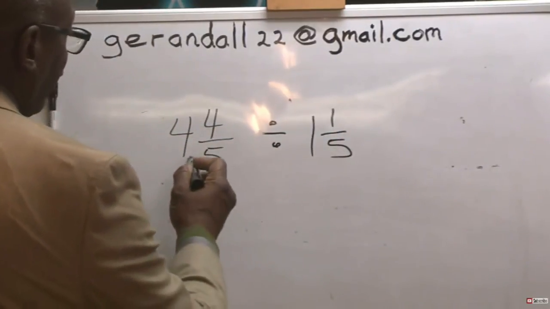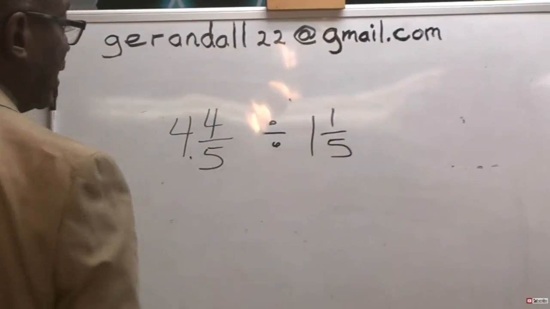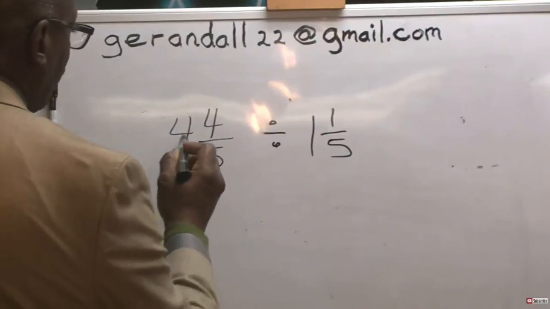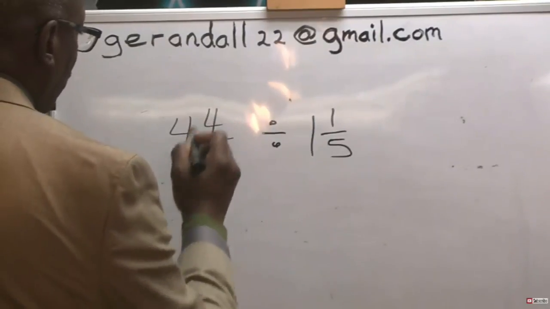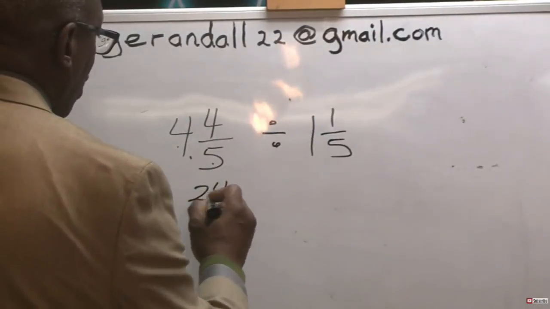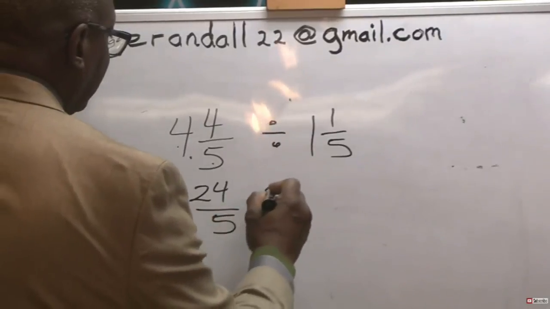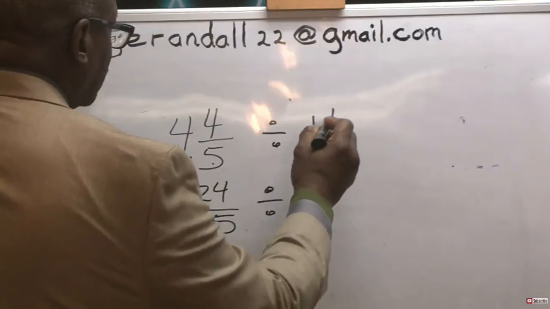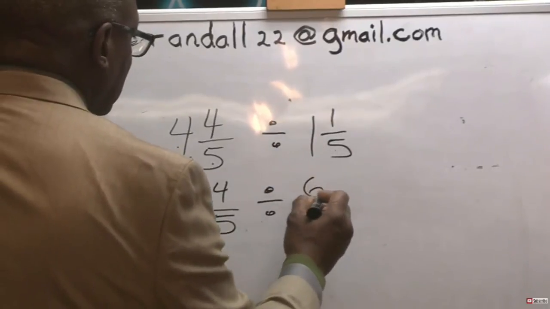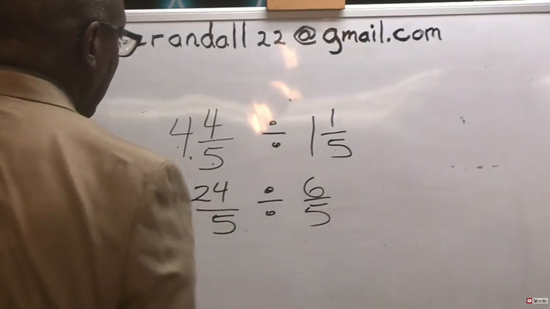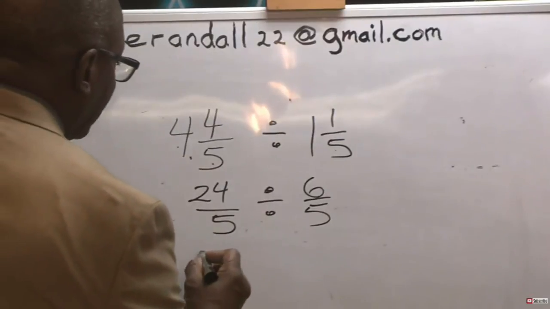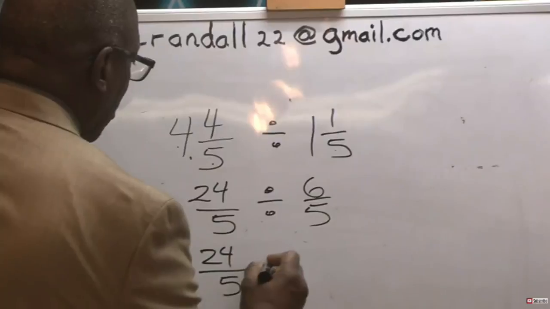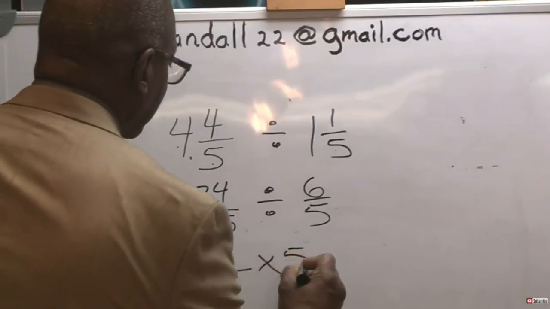We're going to convert our mixed numbers into improper fractions. 5 times 4 is 20 plus 4 is 24 over 5, divided by 5 times 1 is 5 plus 1 is 6 over 5. And the rule says to repeat the first fraction multiplied by the reciprocal.